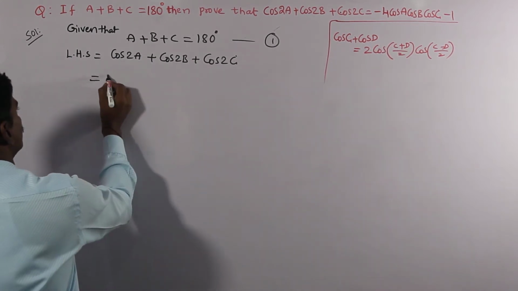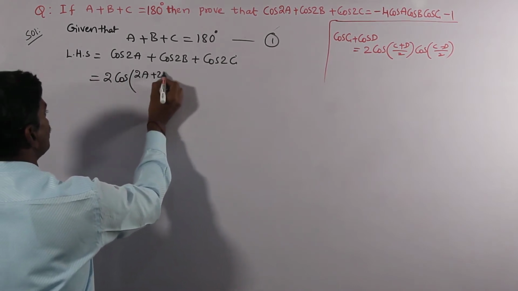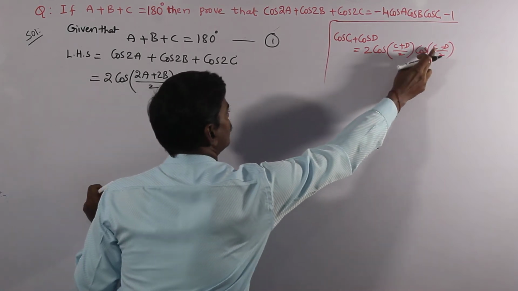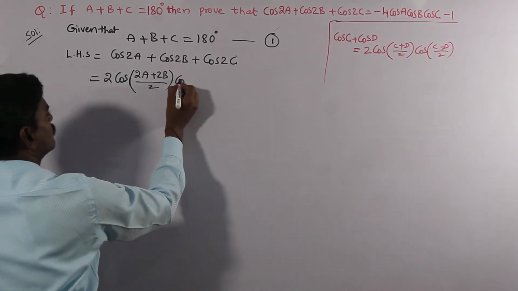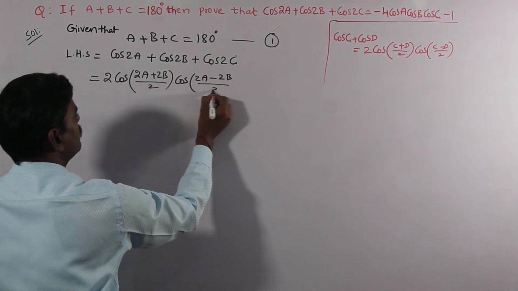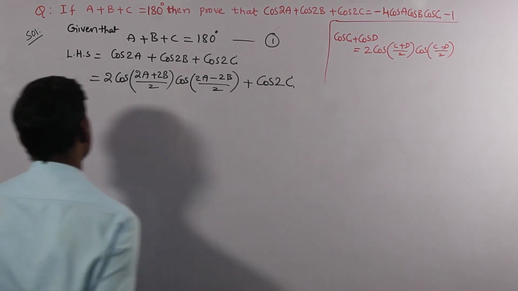If I do so, 2 cos of (2a plus 2b) by 2 into cos of (2a minus 2b) by 2, plus cos 2c, written as it is.